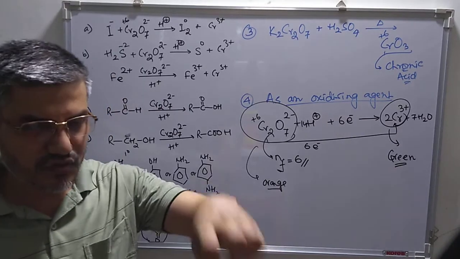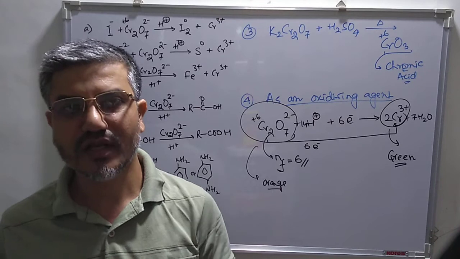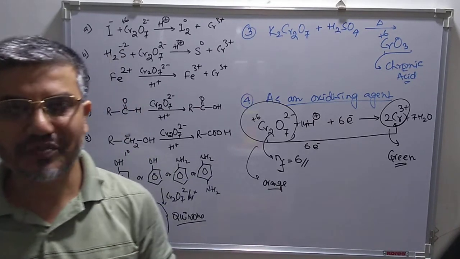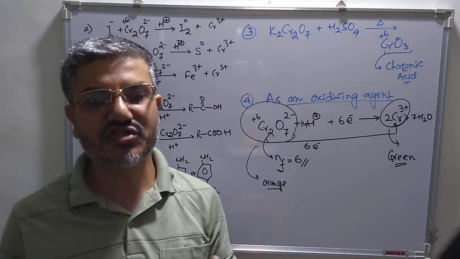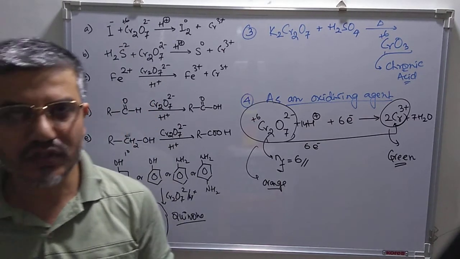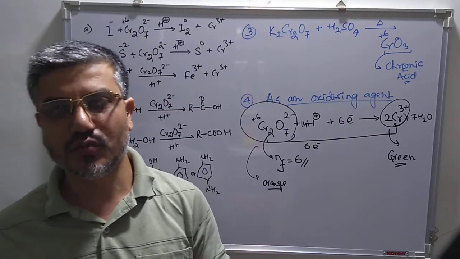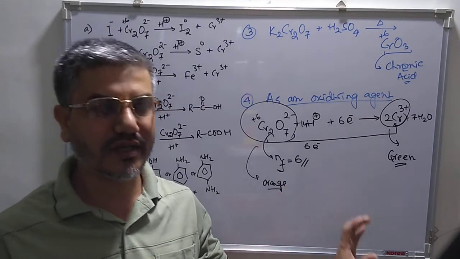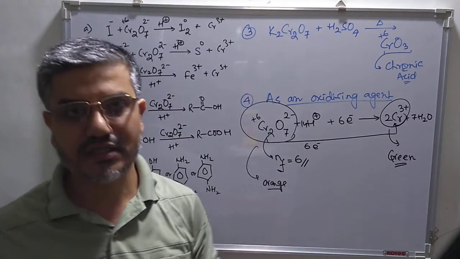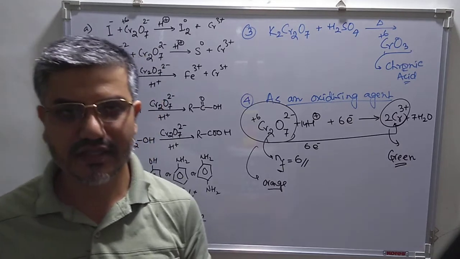That means it keeps on absorbing water molecules from the atmosphere. So being hygroscopic, its nature keeps on changing, whereas the potassium compound is not hygroscopic. Hence, potassium dichromate is more preferred in inorganic titration and is used as a standard reagent for volumetric analysis.